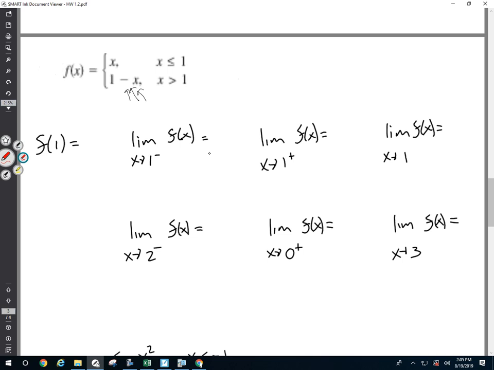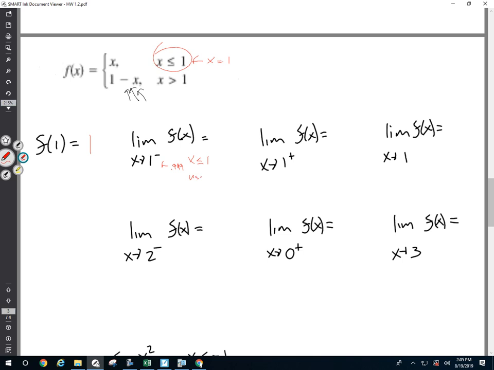Okay? If I'm asked, what is the function value at 1? Well, you use x equals 1. With this piece, I plug 1 into this piece, I get 1. If I went to the left of 1, the left of 1 is like 0.999. Left of 1 is this. That's x is less than or equal to 1.